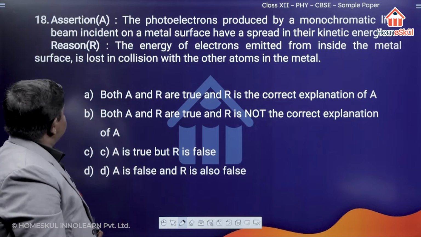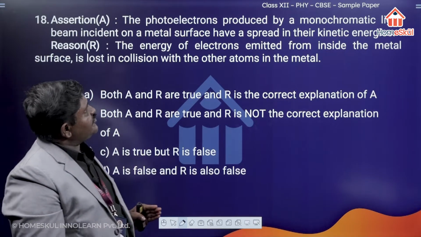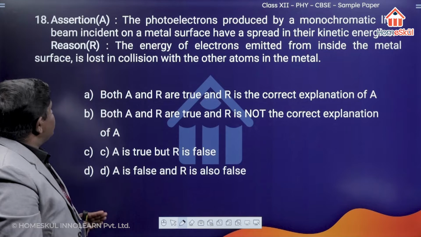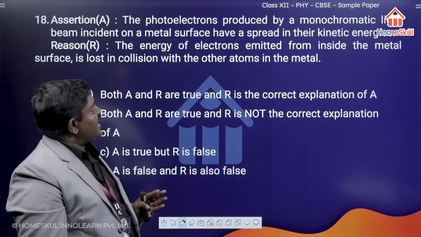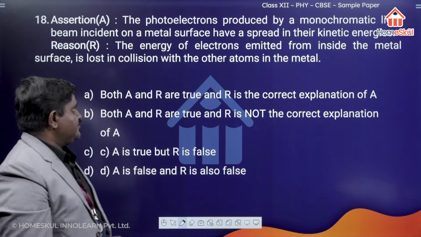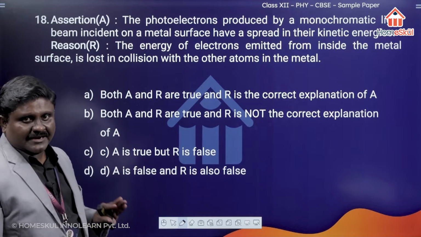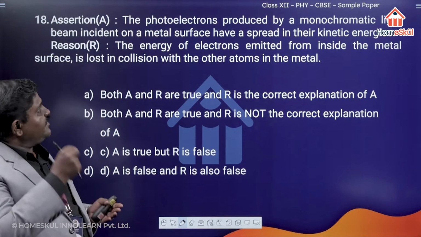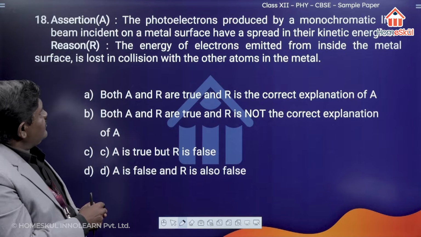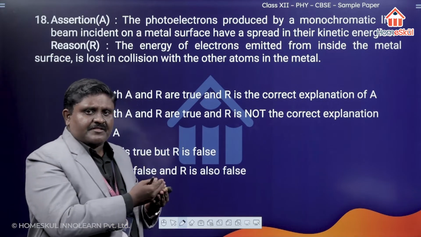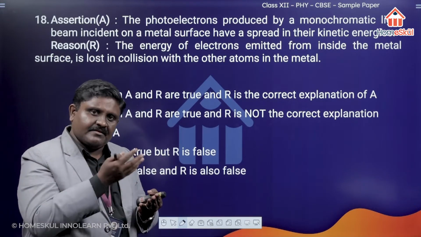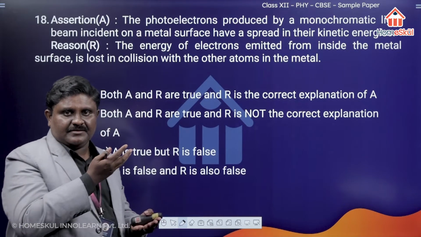Assertion: the photoelectrons produced by a monochromatic light beam incident on a metal surface have a spread of their kinetic energies. That's the correct one. When light falls on a metal surface, what happens? The electrons will be emitted, isn't it?